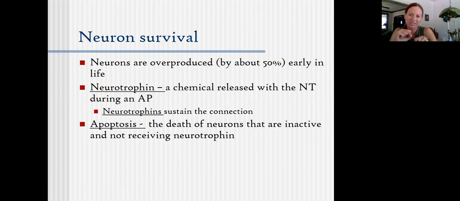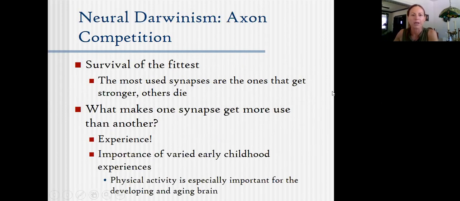So if this one does not receive neurotrophins, it dies. We call that apoptosis, and that is the death of a neuron. We sometimes call it programmed cell death, because if it's not getting those neurotrophins, it's going to die. And it turns out that experience is going to drive that, and we'll talk about that.